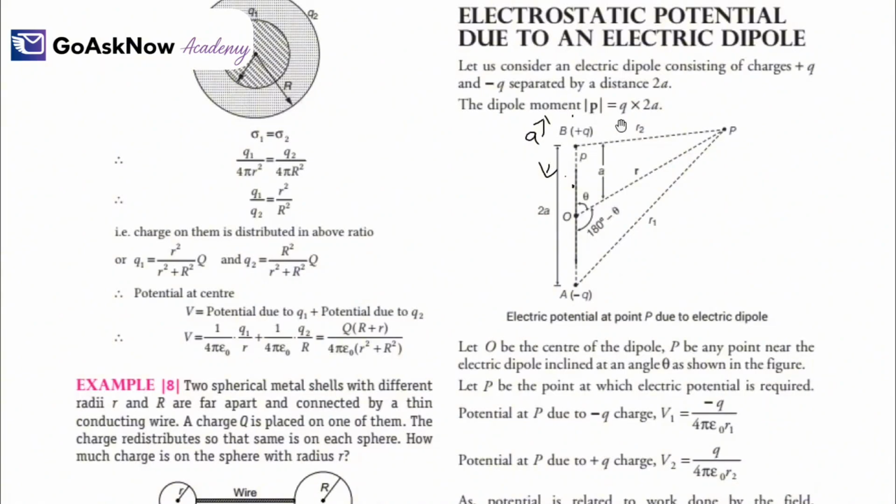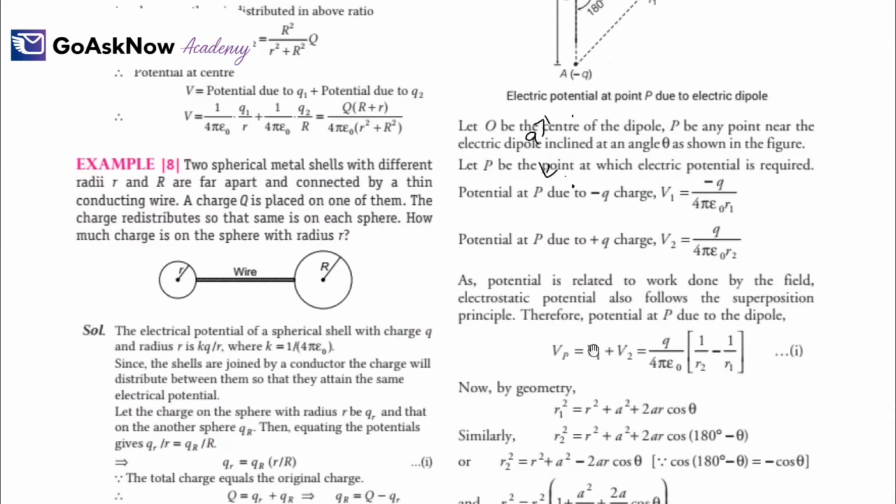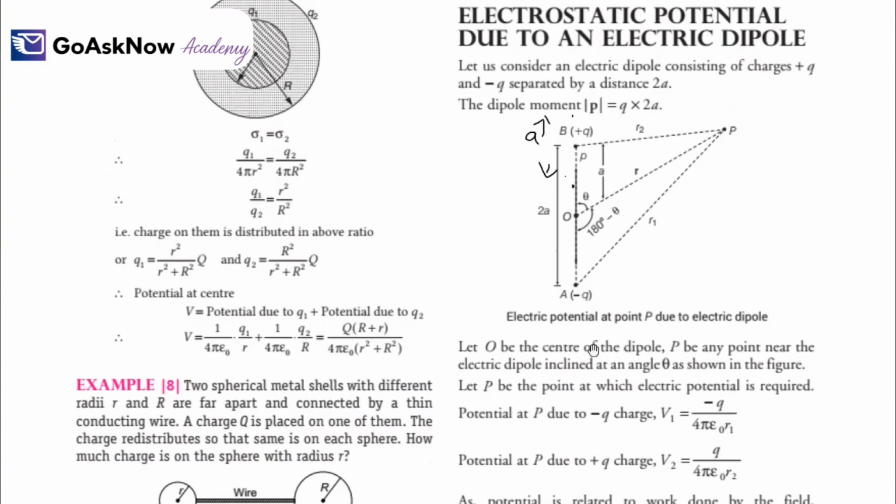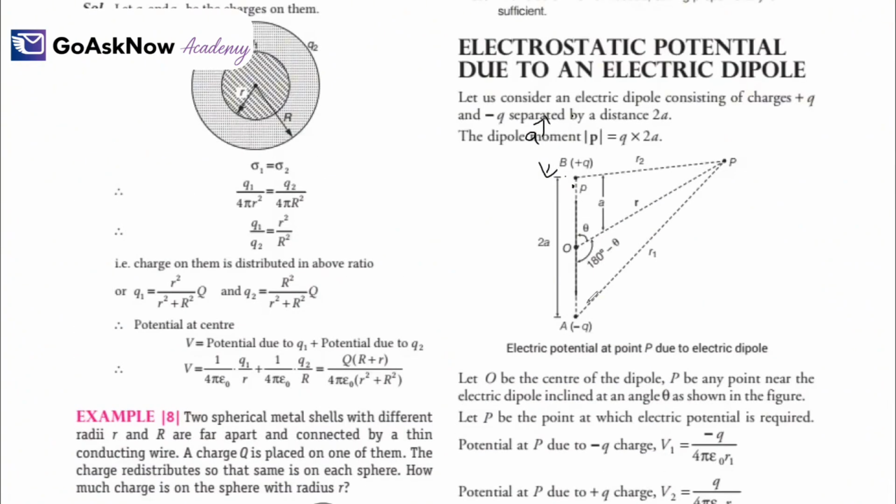This is why, because if you have studied the vector chapter, if you have two vectors, like this vector is your r1 vector, and this is your small a vector, because the distance between O and A is small a.